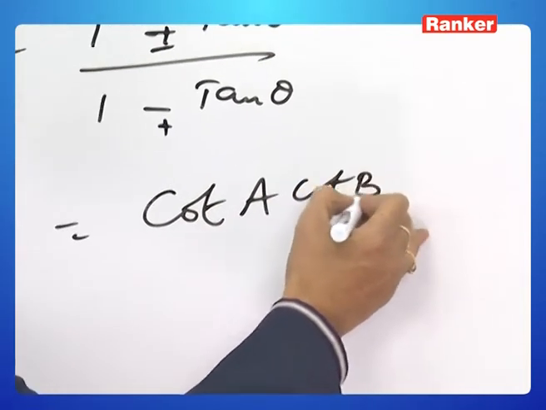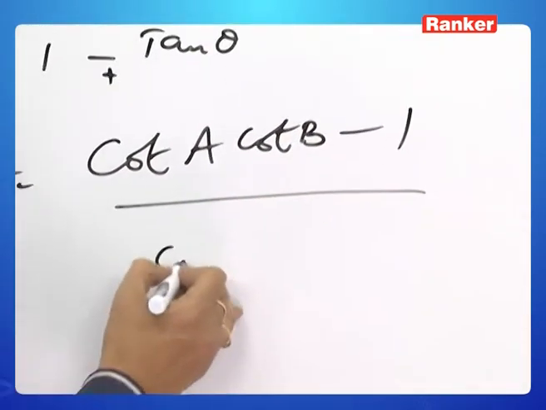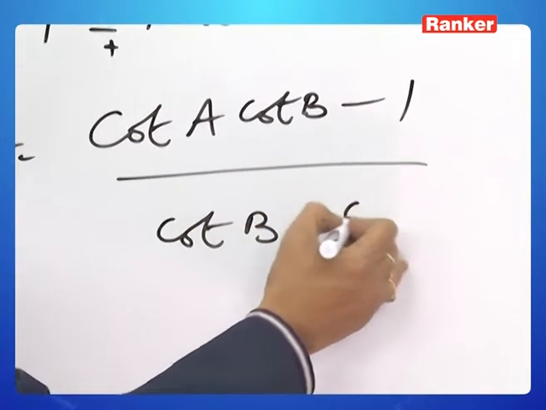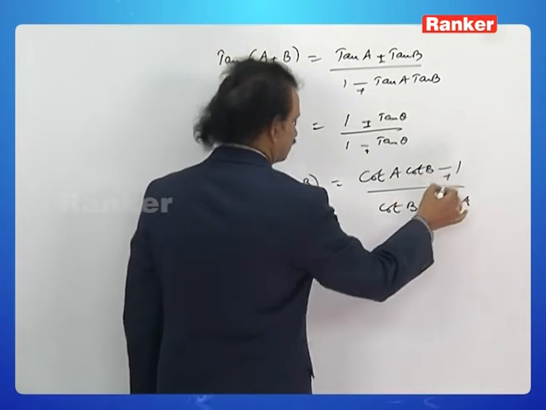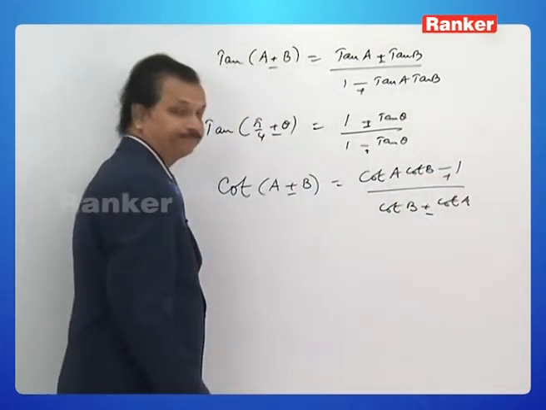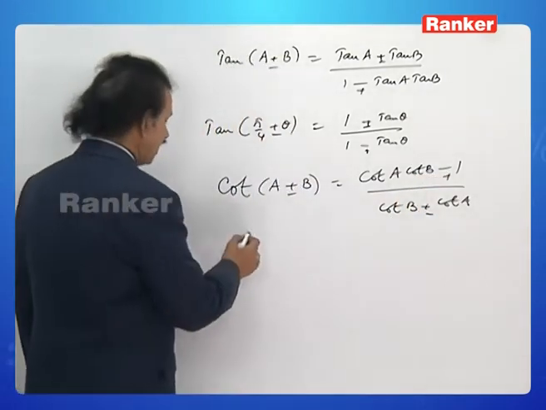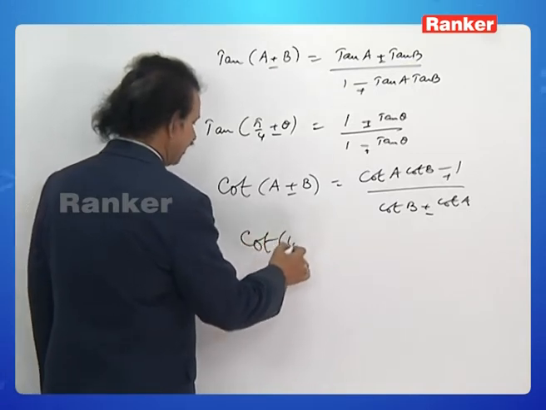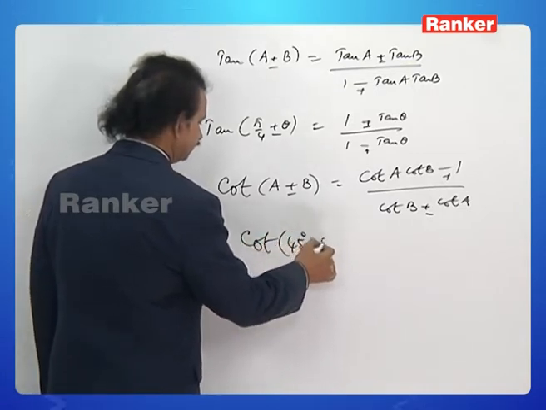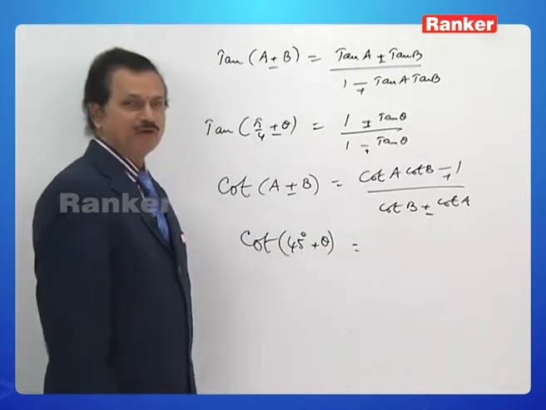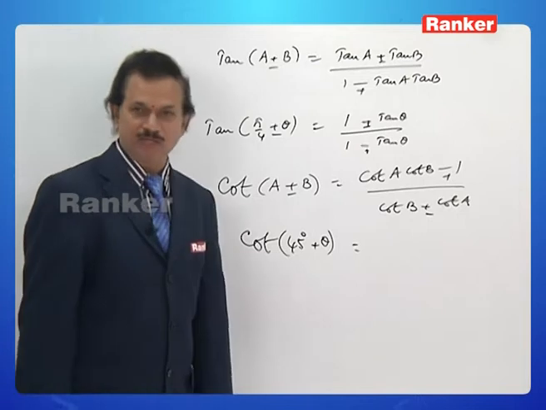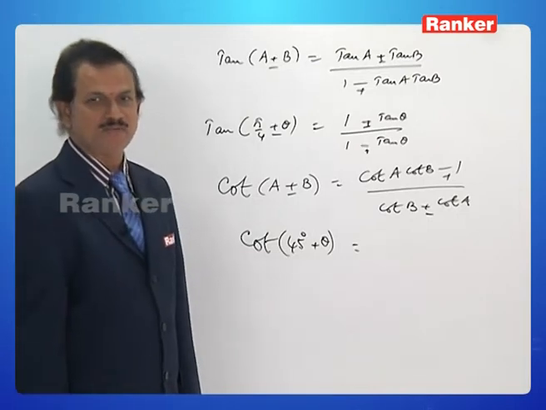Cot A cot B minus 1 by cot B plus cot A. If this is minus, this is plus, this is minus. Now tell me, what is cot of 45 plus theta? In the place of A, you replace 45, and in the place of B, let us replace theta.